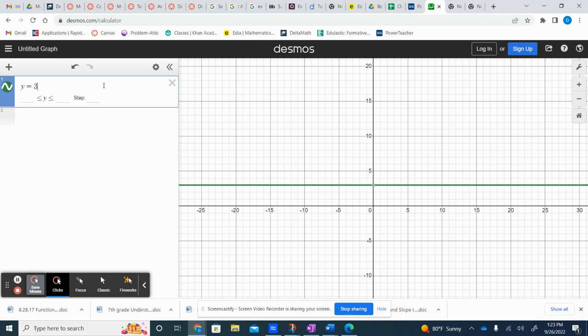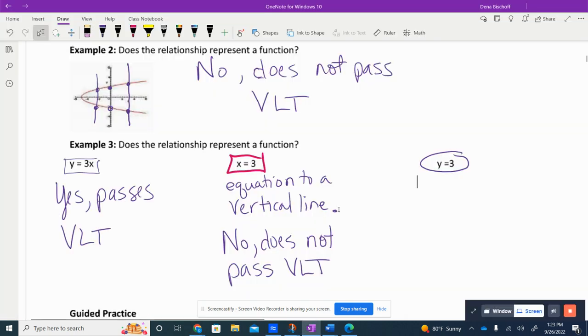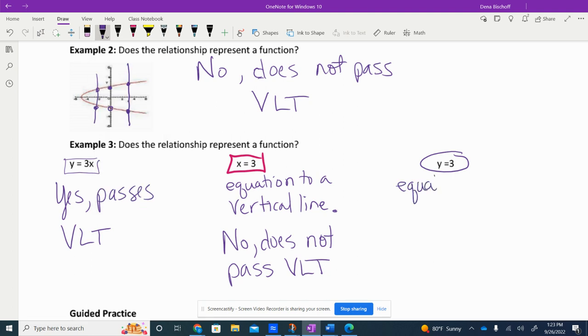Okay. So what kind of a line is y equals 3? Horizontal. So would that pass the vertical line test? No. Yes, it would. I could draw a bunch of vertical lines and only touch that graph one time. So this is the equation to a horizontal line.